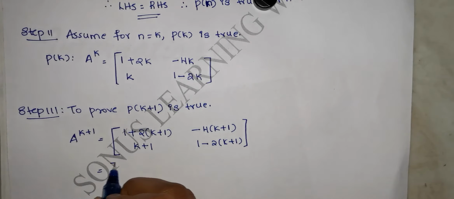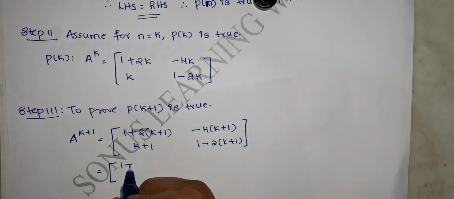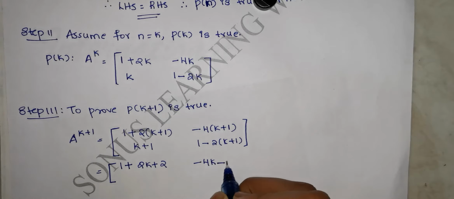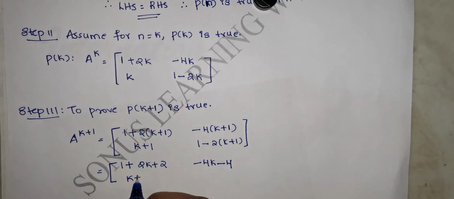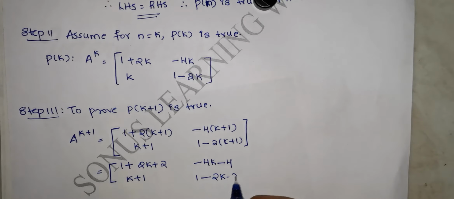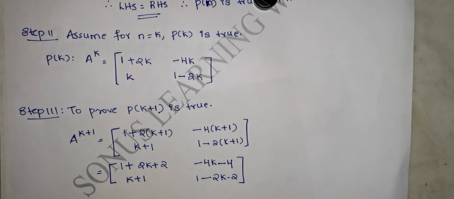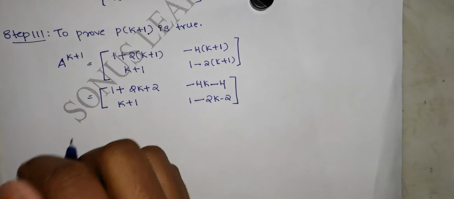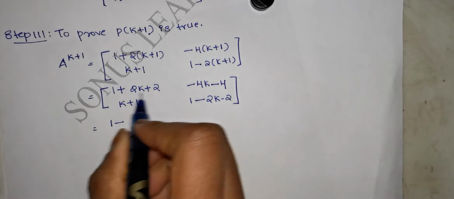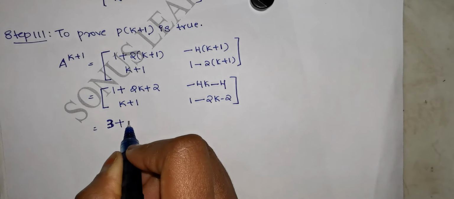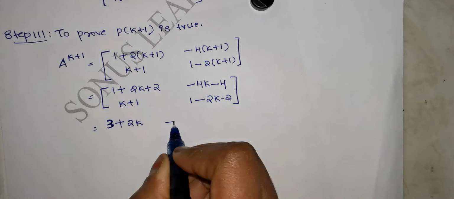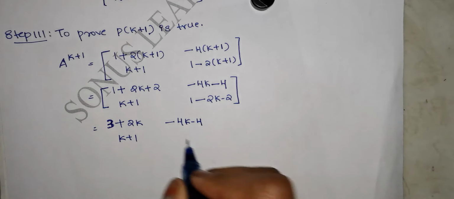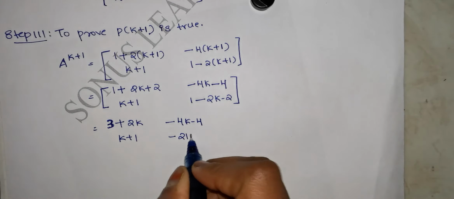Let us solve this. Let us multiply everything inside. So 1 plus 2k plus 2, here minus 4k minus 4, here it is k plus 1, here it is 1 minus 2k minus 2. Let us solve everything. 1 plus 2 is 3, so I can write 3 plus 2k. Here it is minus 4k minus 4, here k plus 1, and here 1 minus 2 is minus 1, so minus 2k minus 1.